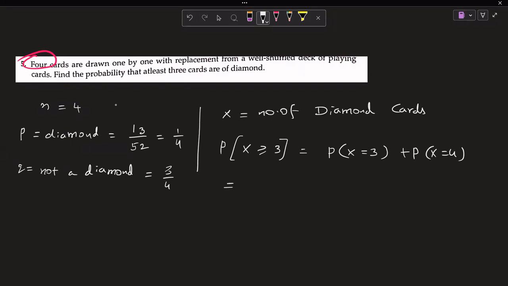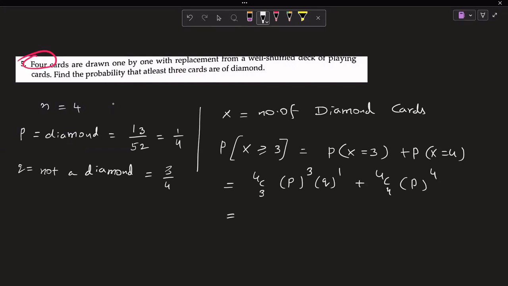P of X is equal to 3 means out of 4, select 3 times and you have to get diamond. How many times? 3 times. And one time you should not get a diamond card. Plus 4C4, you have to get diamond cards 4 times out of 4 times.